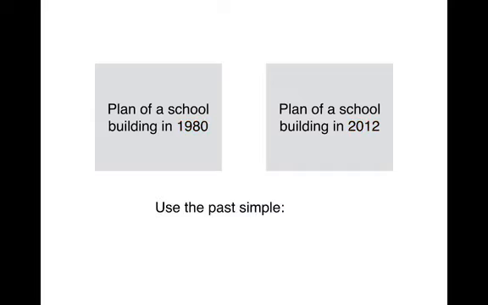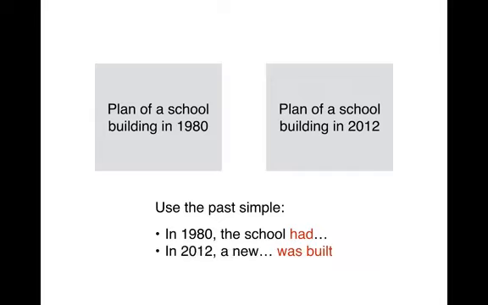So we'll use the past simple. For example, in 1980, the school had, let's say, 10 classrooms. And in 2012, a new classroom was built. There you've got past simple in the active with had and in the passive with was built. The years are in the past, so we just use the past simple.